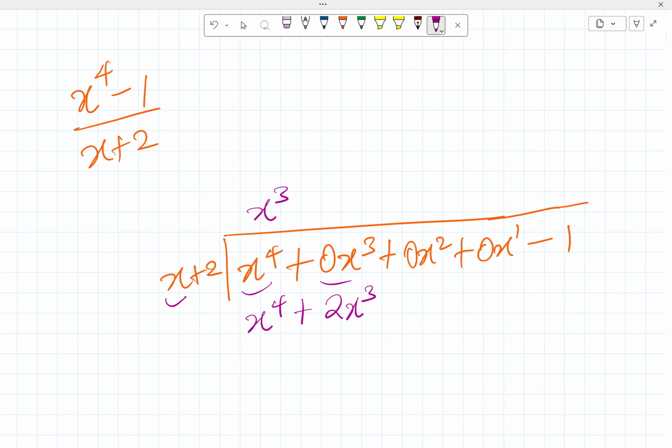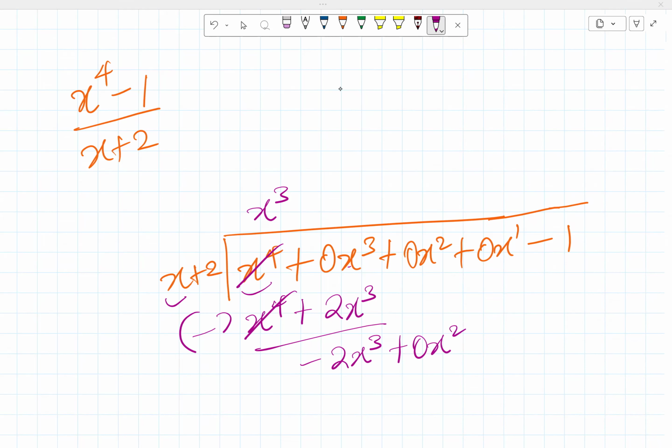So you see why this has to be here, so you can compare the two together. Now you can subtract. x raised to power 4 cancels x raised to power 4, so you have 0 minus 2x raised to power 3. That 0 helps you as a placeholder. Then you can bring down plus 0x squared. So the first step is done.